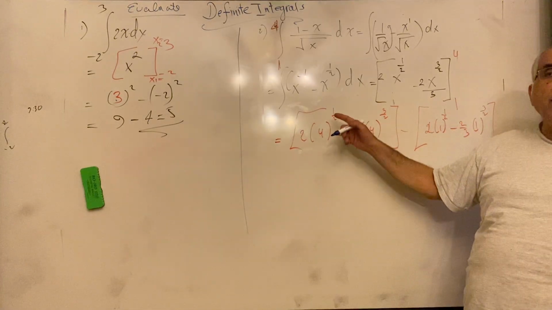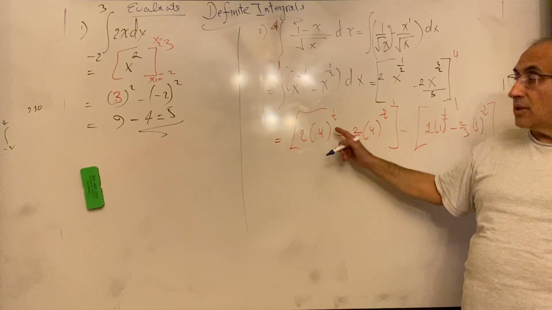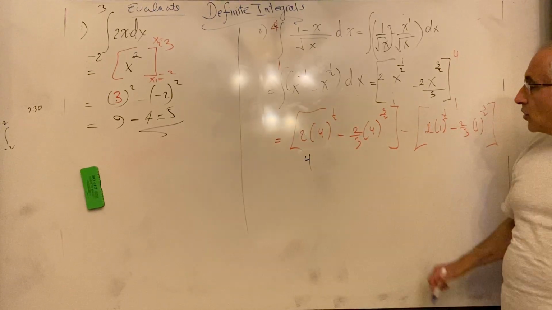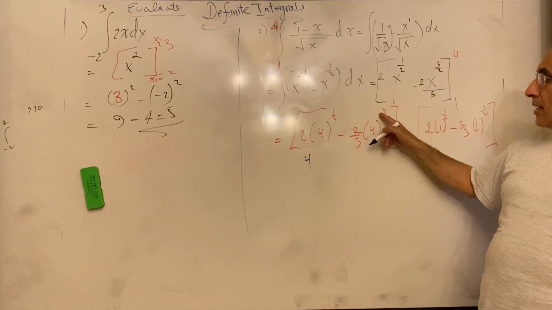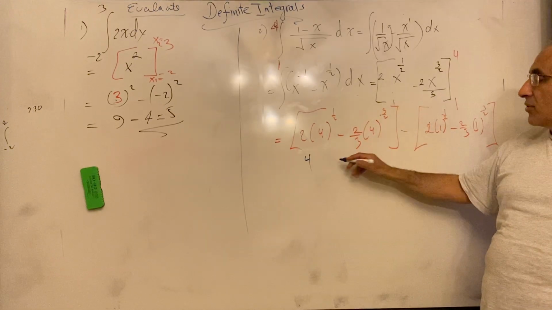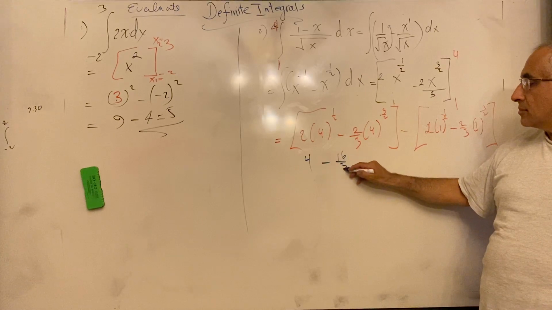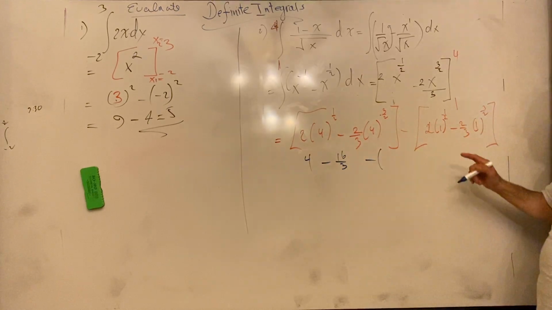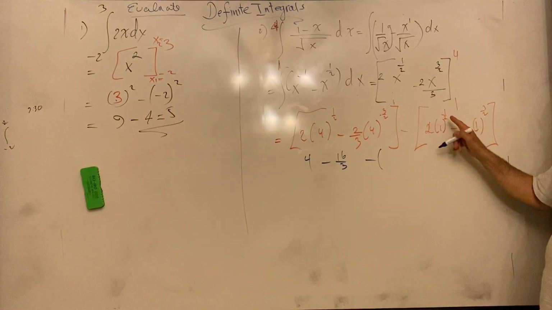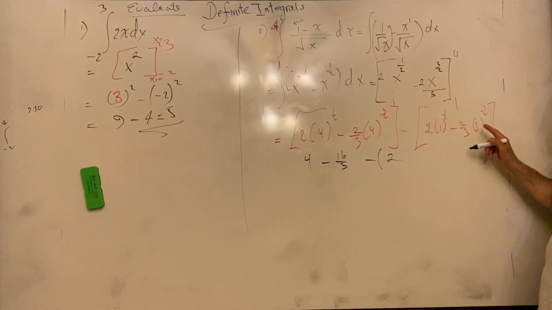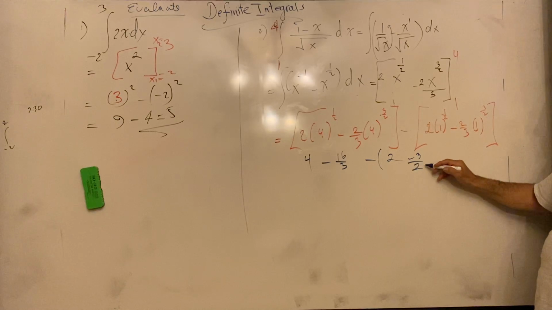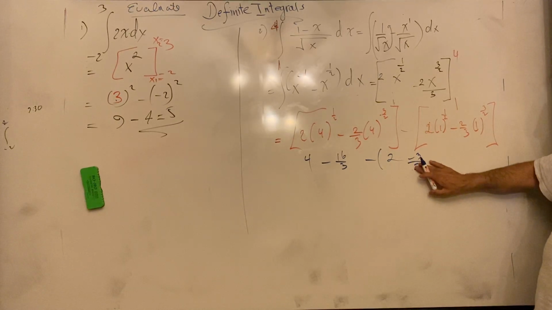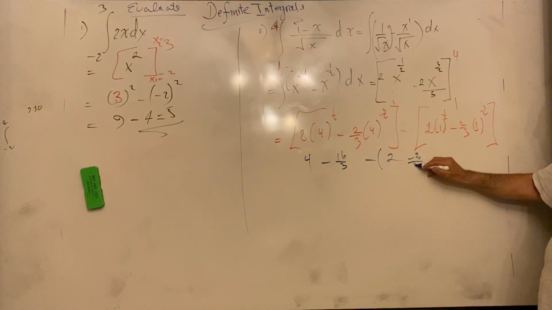What is 4 to the power half? 2. Square root times 2 is a 4. What is the square root of 4? 2. 2 cubed, 8. 8 times 2, 16 over 3. One to the power half is 1 times 2 is a 2. 1 to the power of that one is the same, it's a minus 2 over 3.